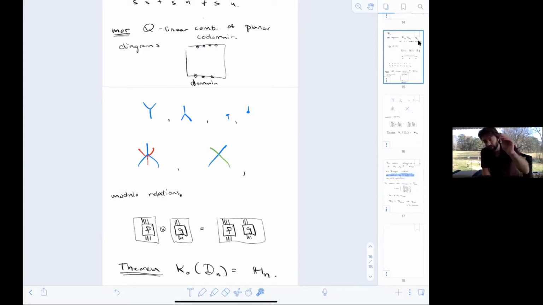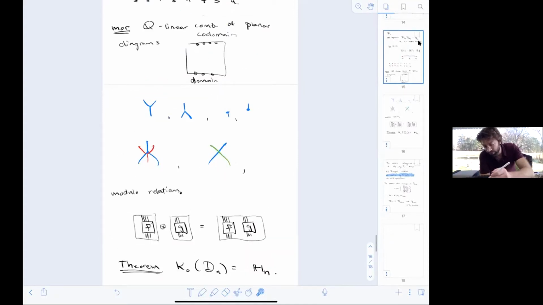I have the composition of morphisms direction, which is gluing diagrams vertically. But then there's this third direction, which corresponds to how S_N cross S_M sits inside S_{N plus M}. And so the diagrams are somewhat rotated from how they were drawn a moment ago.